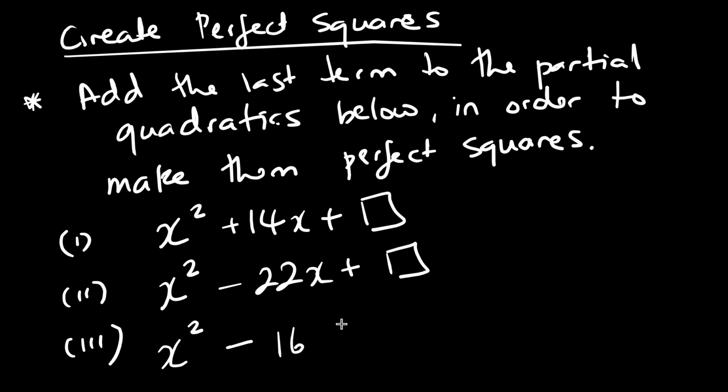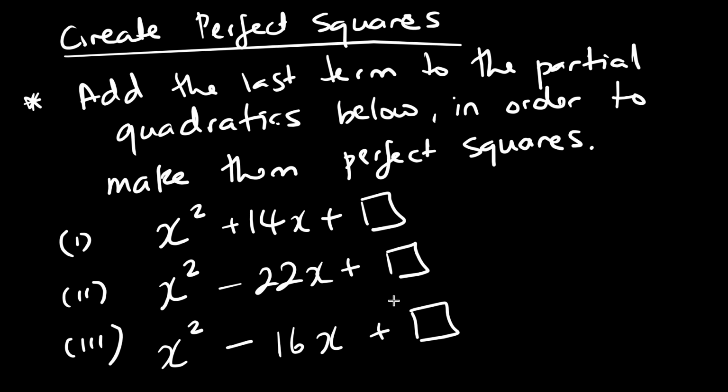Let's go 16x. I don't know if I've done this before. Hopefully I haven't. Plus. So pause at this point, and then once you have a chance, you can complete the perfect square. All right, we're going to pick up here.